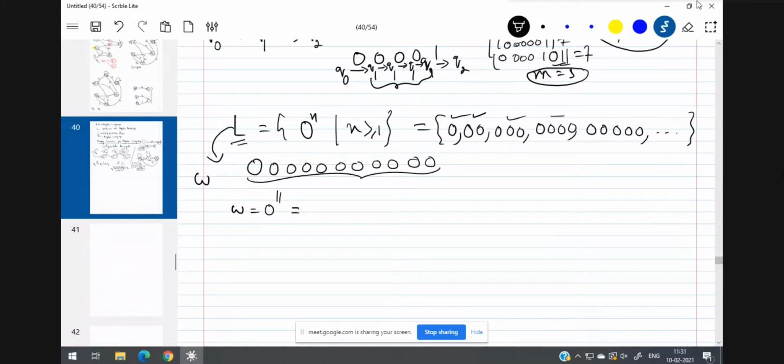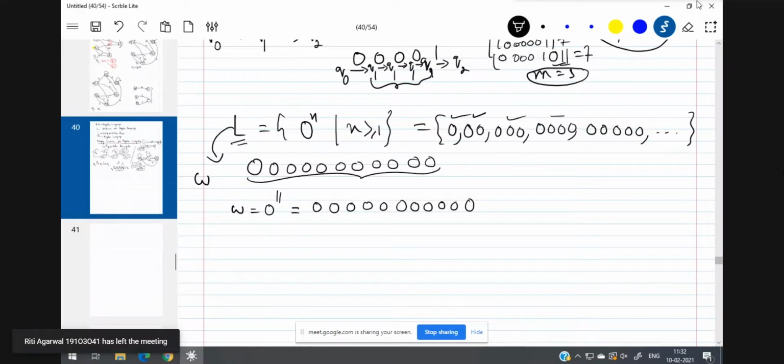So let me rewrite this 0 to the power 11, 11 times: 1, 2, 3, 4, 5, 6, 7, 8, 9, 10, 11. So I'm explaining the pumping lemma. This W, 0 of length 11, I have written here.